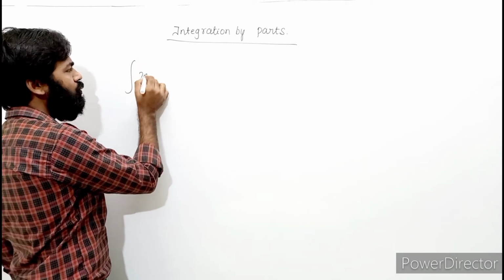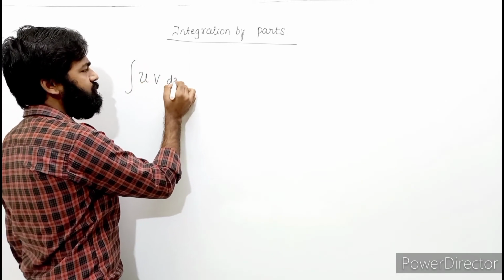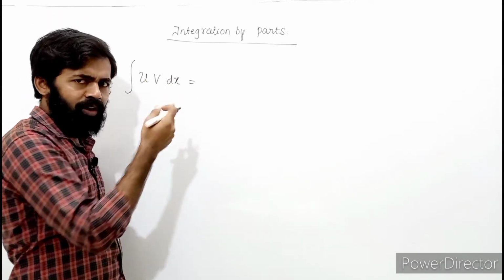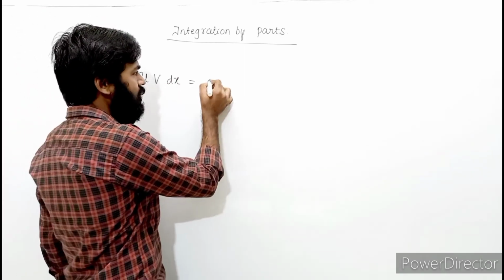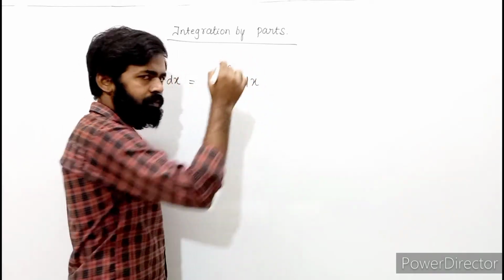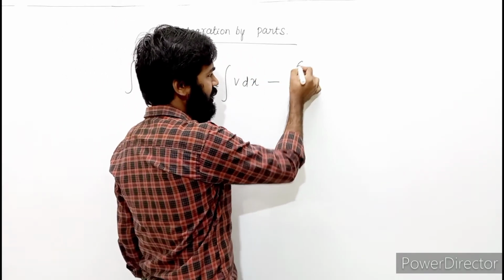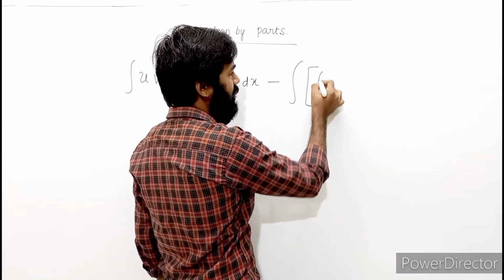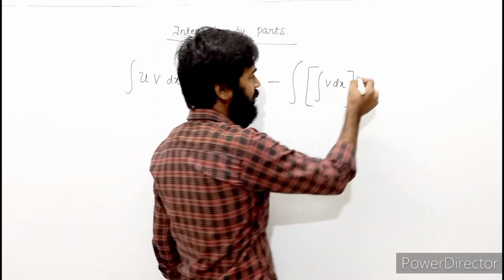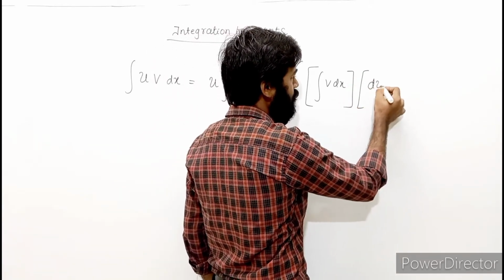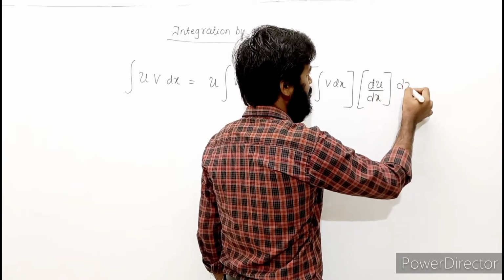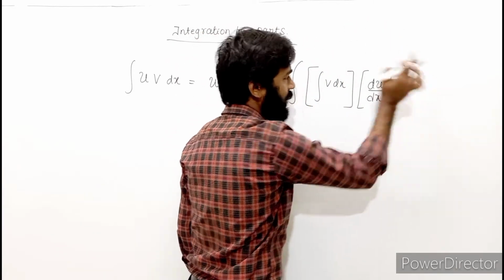Integration of u into v with respect to x, let's say dx, is given by u as it is, integration of v dx, minus integration of integration of v dx and differentiation of u, and this integration with respect to x.